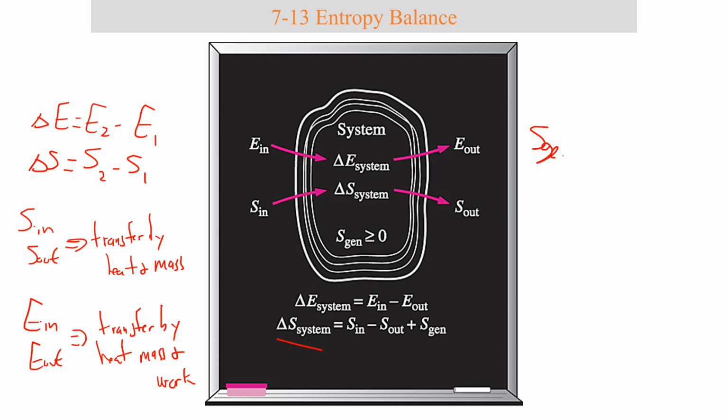The biggest difference in an entropy balance is that entropy can be generated. So that's what S-gen is, the generated entropy, whereas E-gen does not exist.